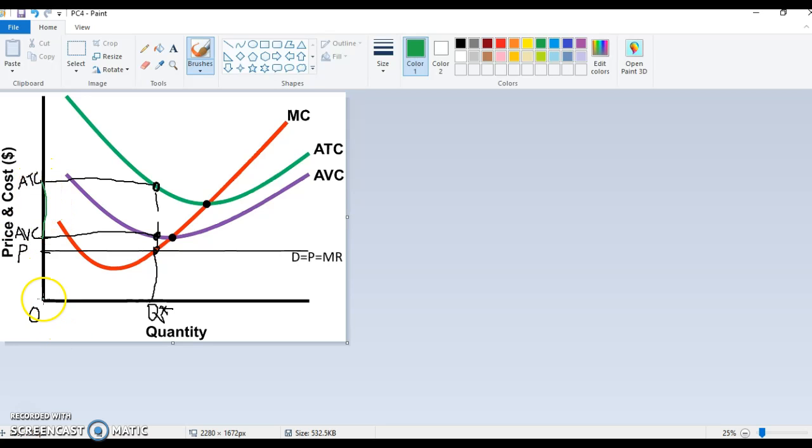So essentially, examples of variable costs are inputs, raw materials, paying your employees. An example of fixed cost is rent. If we have this much money coming in, we can only pay for that much of our variable cost. We cannot pay for this much of our variable cost, and we can't pay for any rent.